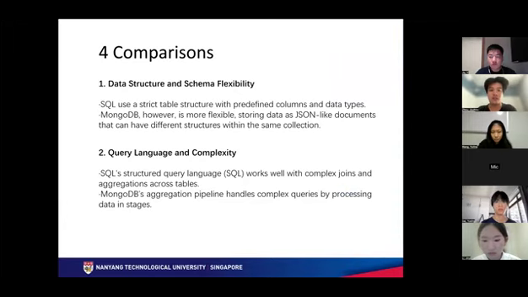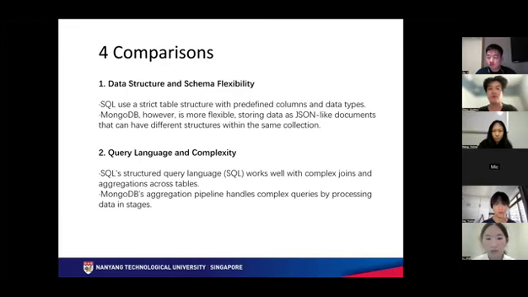And the first is data structure and schema flexibility. SQL uses a strict table structure with predefined columns and data types. For question 11, SQL identifies issues in low-rated reviews using case statements on keywords, fitting well in a structured setup.